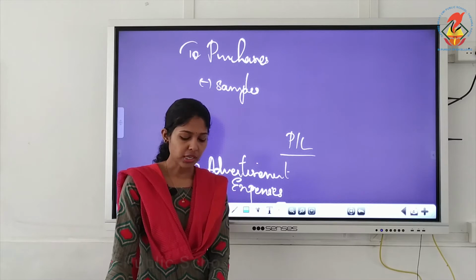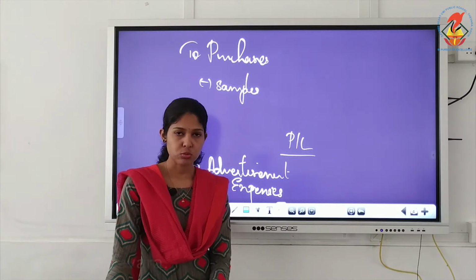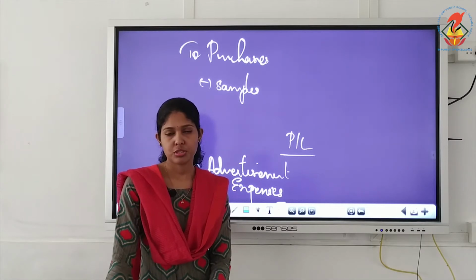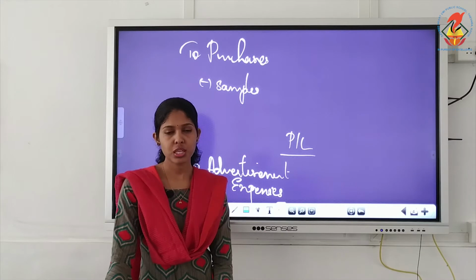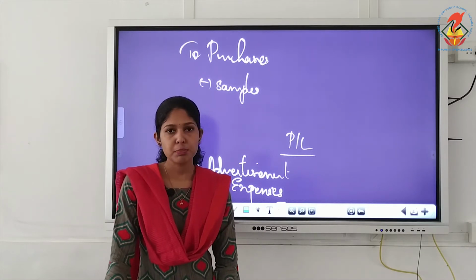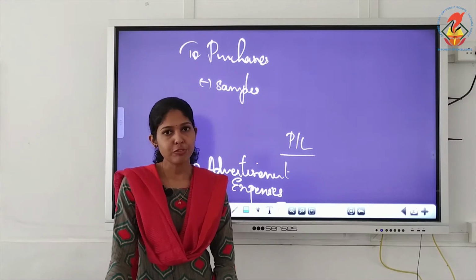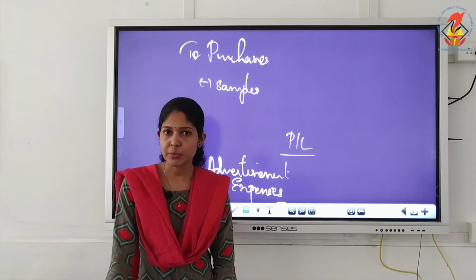Then the 13th one, goods taken by the proprietor for personal use or private use, that means for his own use. Goods taken by the proprietor, P-R-O-P-R-I-E-T-O-R, for his personal use. What is the term for that?